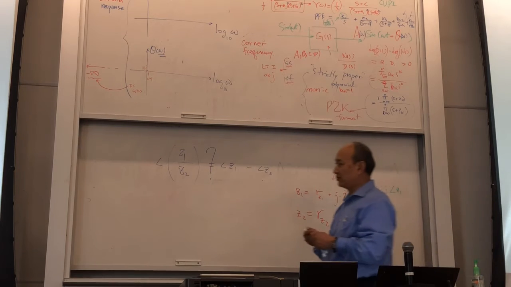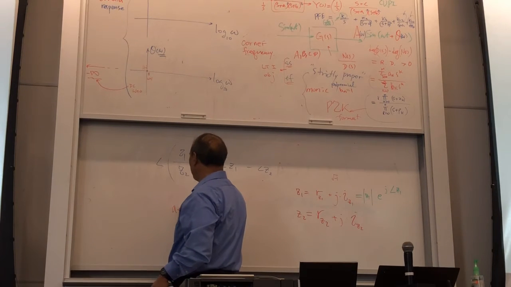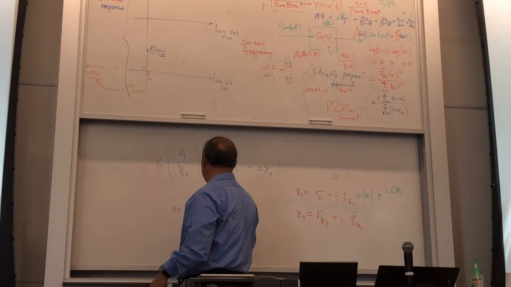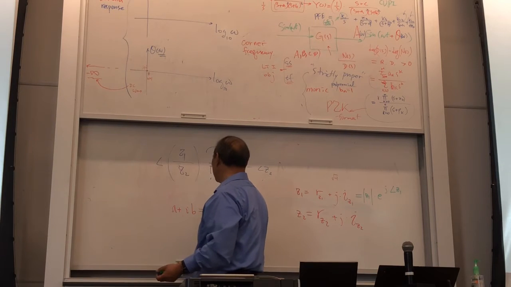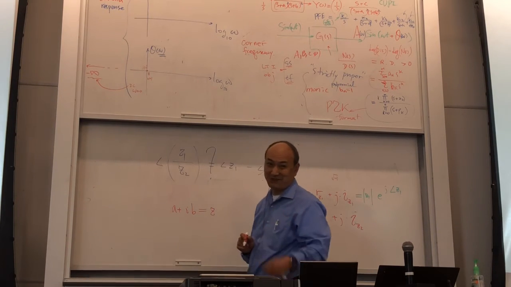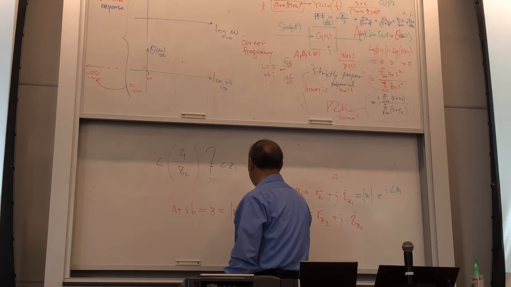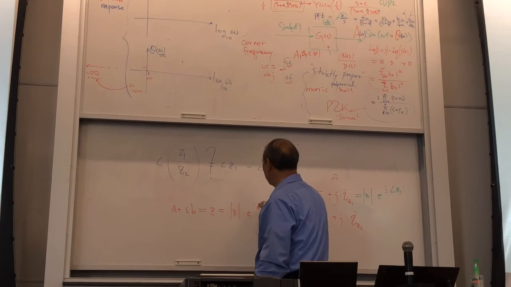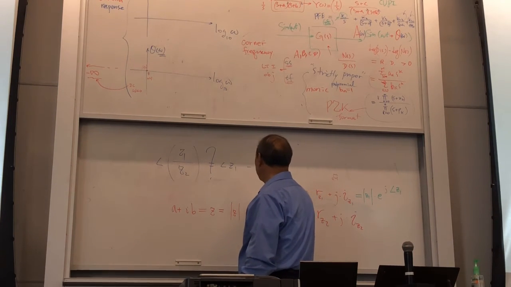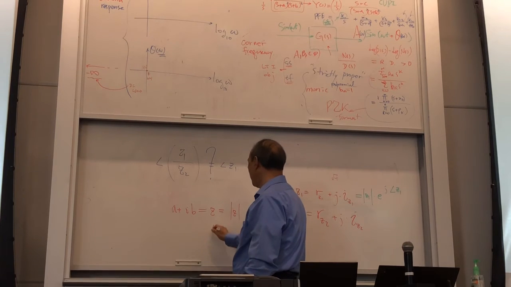In other words, you heard about a plus jb: Z is a complex number, and it is written as the magnitude of Z times e to the j theta, okay? And in this case, your magnitude is what?